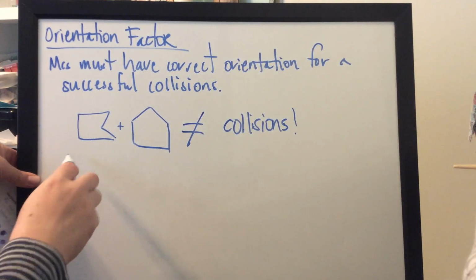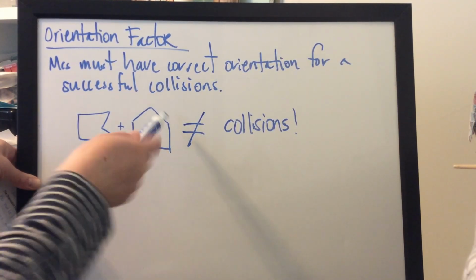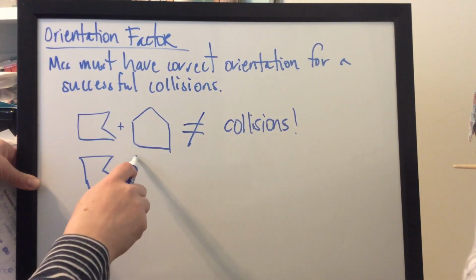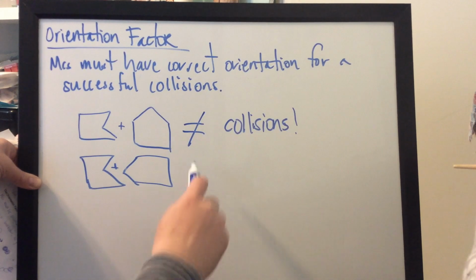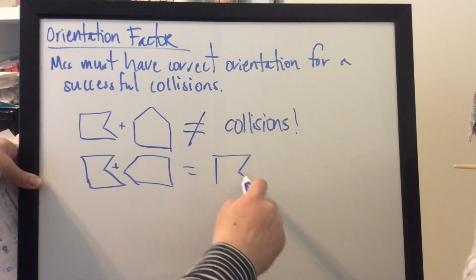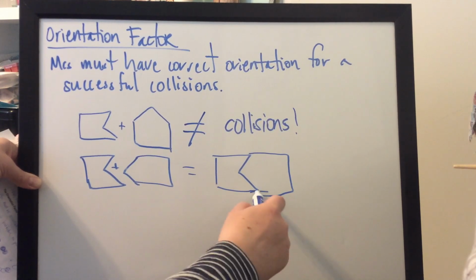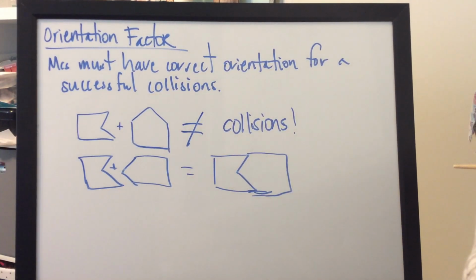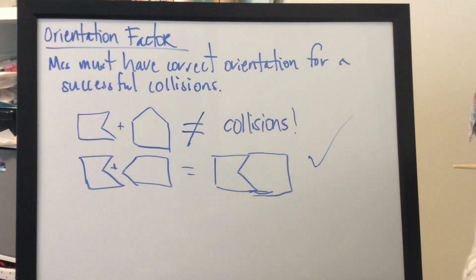Okay, versus, and I'm sure you know where I'm going with this, if this was rotated and flipped more like this, and then we brought them together, then we have this new puzzle piece, for example, that fits together and it produces a new product, and so that would be a successful collision.